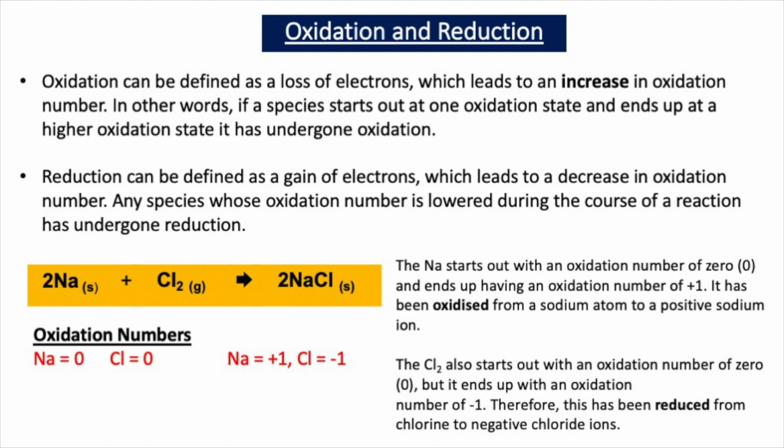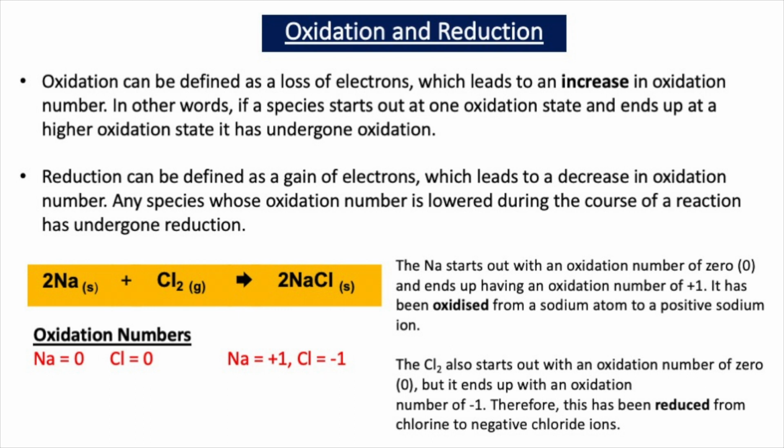Now, if the sodium has lost electrons, the question is, where have these electrons gone? Well, they've gone to the chlorine. And we know this because chlorine is an element and has a 0 oxidation number. And when we convert chlorine to sodium chloride, the oxidation number of the chlorine in sodium chloride is -1.